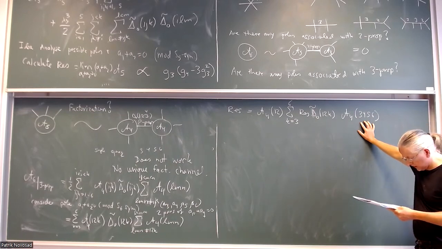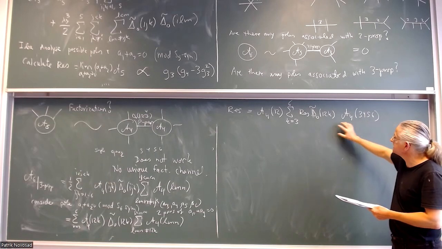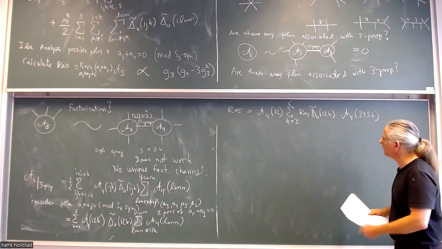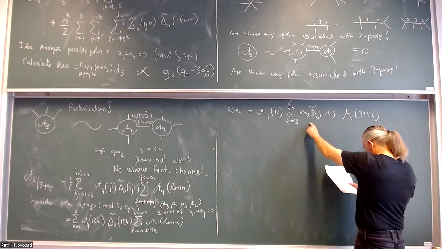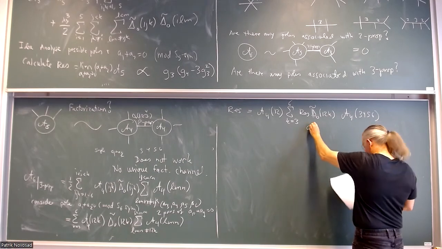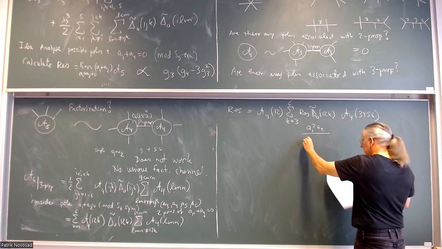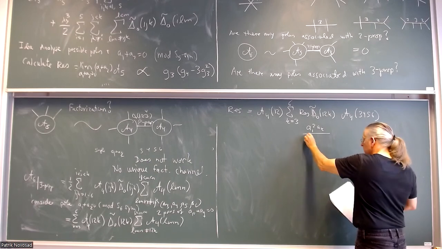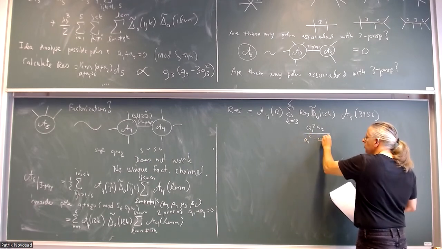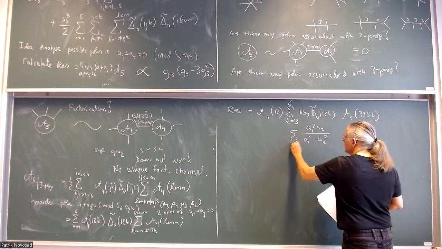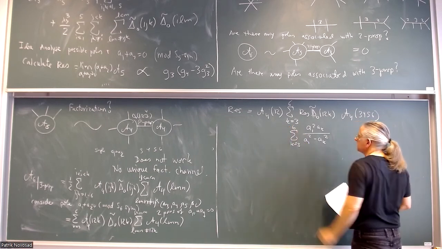So the point is basically that this here we calculated before. It's A1 2 AK over A1 squared minus AK squared, sum over K equal 3 to 6.